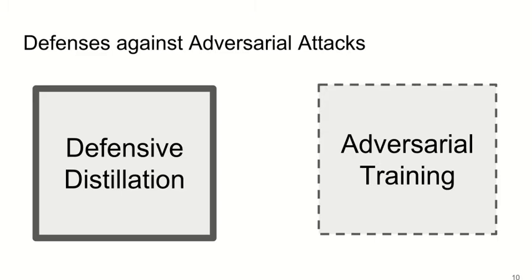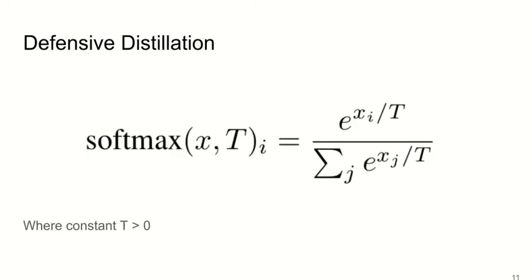If we want to understand how defensive distillation works, then we need to have a close look at the softmax function. The softmax function takes as input a vector x, and then it outputs a probability distribution over the logits. The logits are the values of the vector x. In this case, we modified the softmax function by adding a parameter T. T is the distillation temperature.